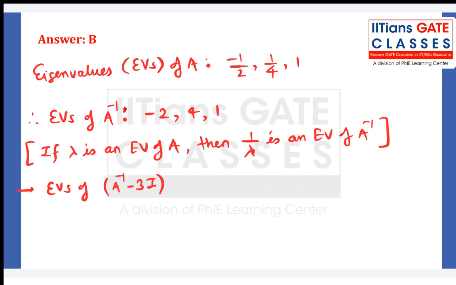So from the eigenvalues of A inverse, you are supposed to subtract 3, because from A inverse matrix you are subtracting 3i matrix. Therefore eigenvalues will be minus 2 minus 3, 4 minus 3, 1 minus 3. That is nothing but minus 5, 1, minus 2. These are the eigenvalues of the matrix A inverse minus 3i.